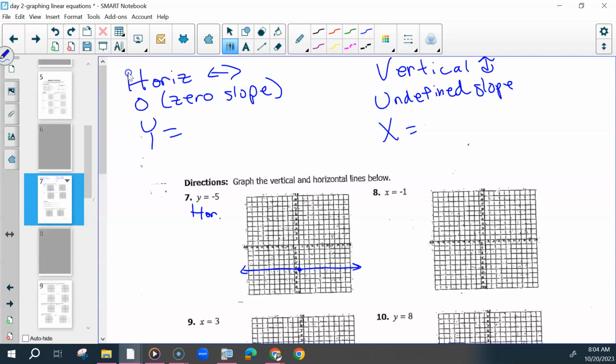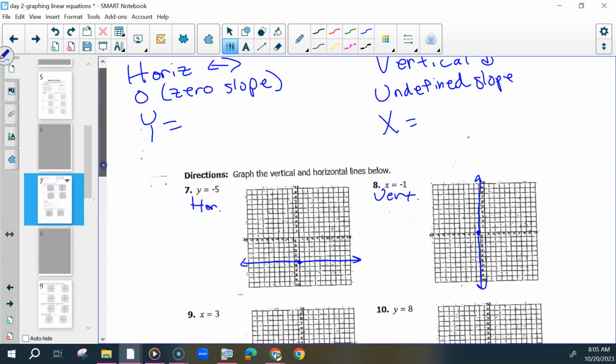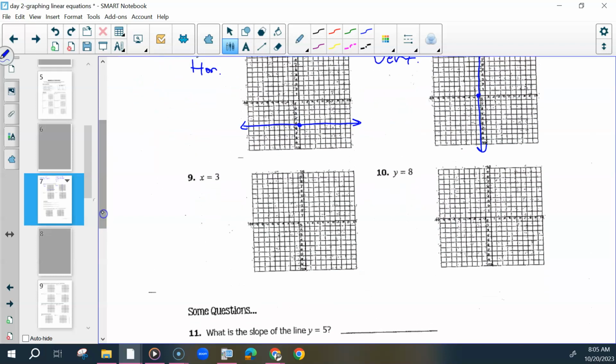So then for 8, is this going to be horizontal or vertical? Vertical. So on the x-axis, find where x is -1, put a point there, draw a vertical up and down line through that. Draw arrows at the end. Do 9 and 10 really quickly.